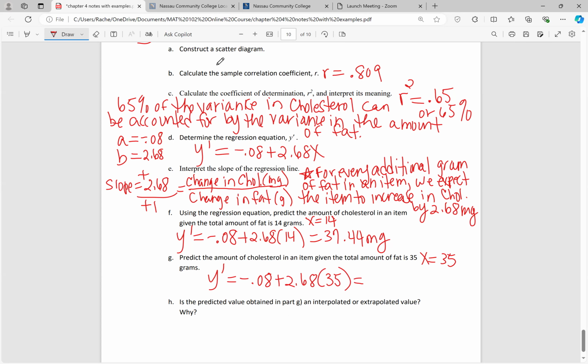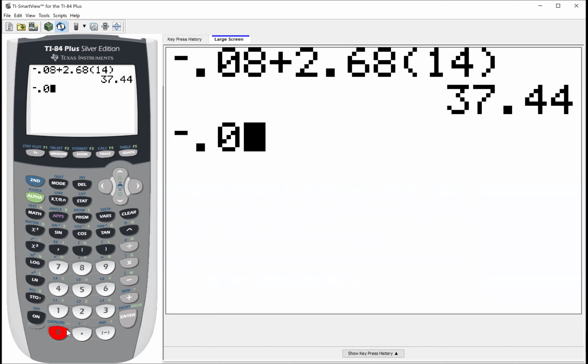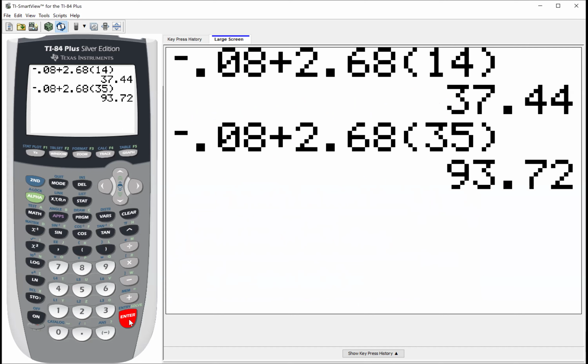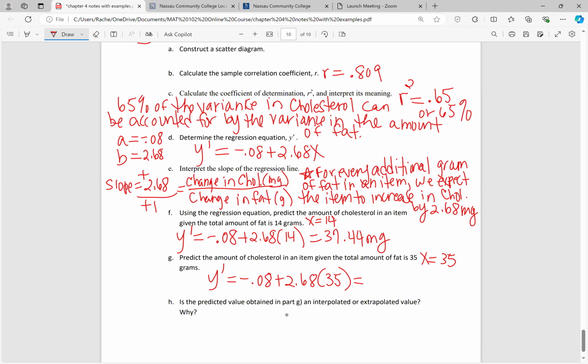And we could plug that into the calculator as well. And that's about 93.72 milligrams.